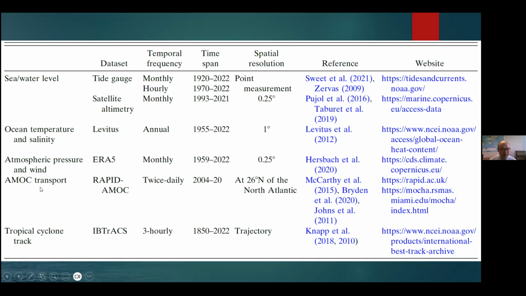The AMOC, the volume transport by the overturning circulation, is from the RAPID program. This measures the transport at 26 degrees north in the North Atlantic. The storm track data for tropical cyclones is from the NCEI. This is the summary of the data used in this study.